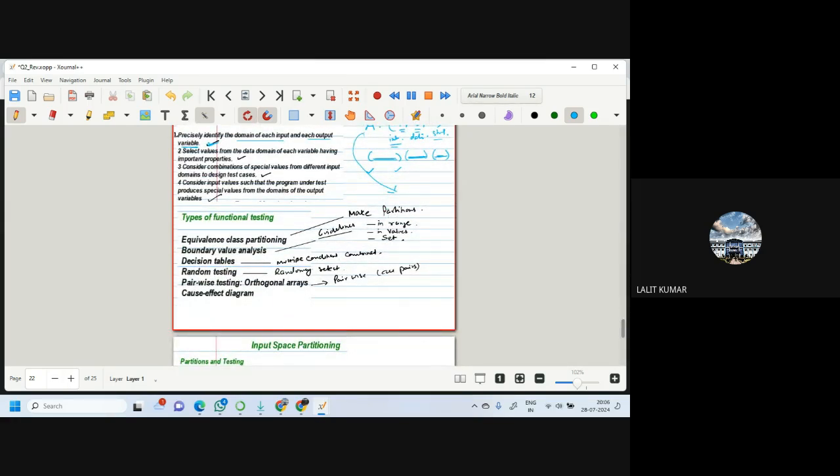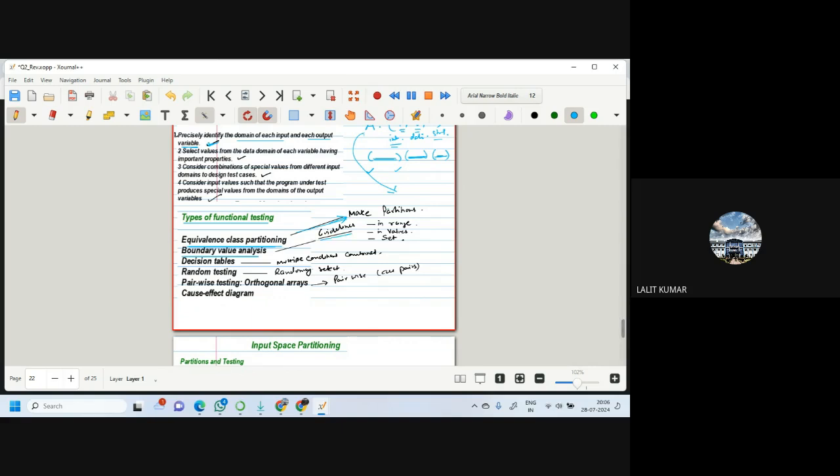So what are the types of functional testing? One is the equivalence class partitioning, where we make the partitions. I'll give an example. Boundary value analysis. Once we have made the partitions, there are three guidelines to carry out a boundary value analysis.